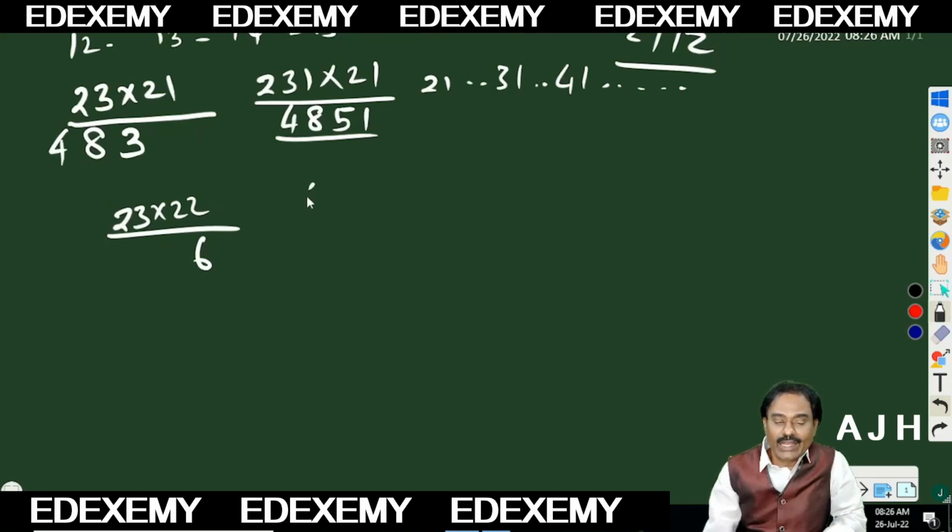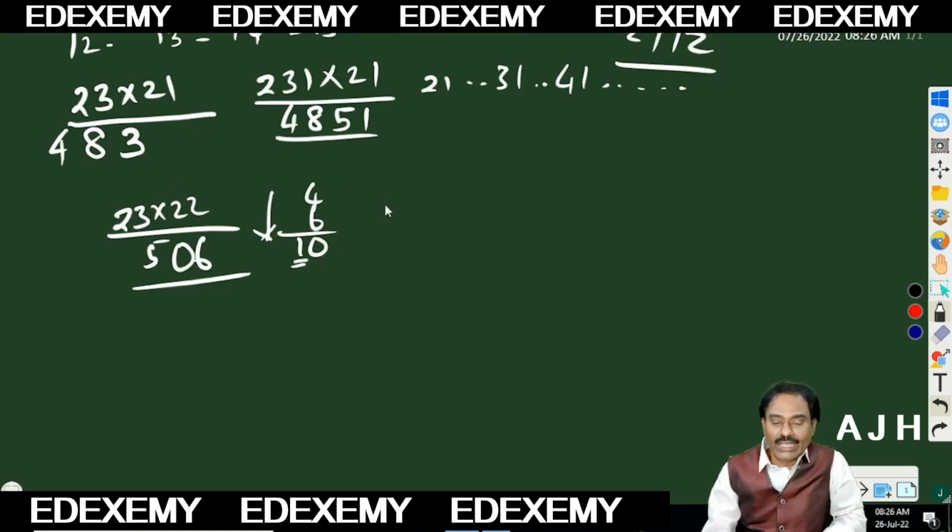Now 3 into 2 is 6, 2 into 2 is 4, 6 plus 4 is 10. You put 0 here, 1 you carry forward. Then 2 into 2, the tenth digits multiplication is 4 plus 1 carry forward, 506 is the answer. Since both the digits are 2, you have to multiply both the digits and add. That will form the middle number.